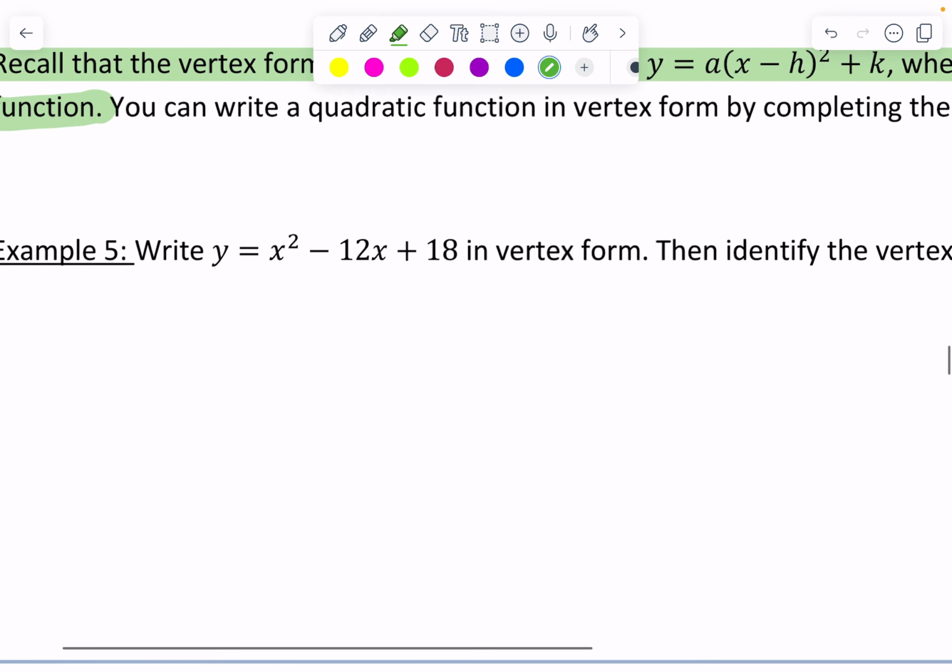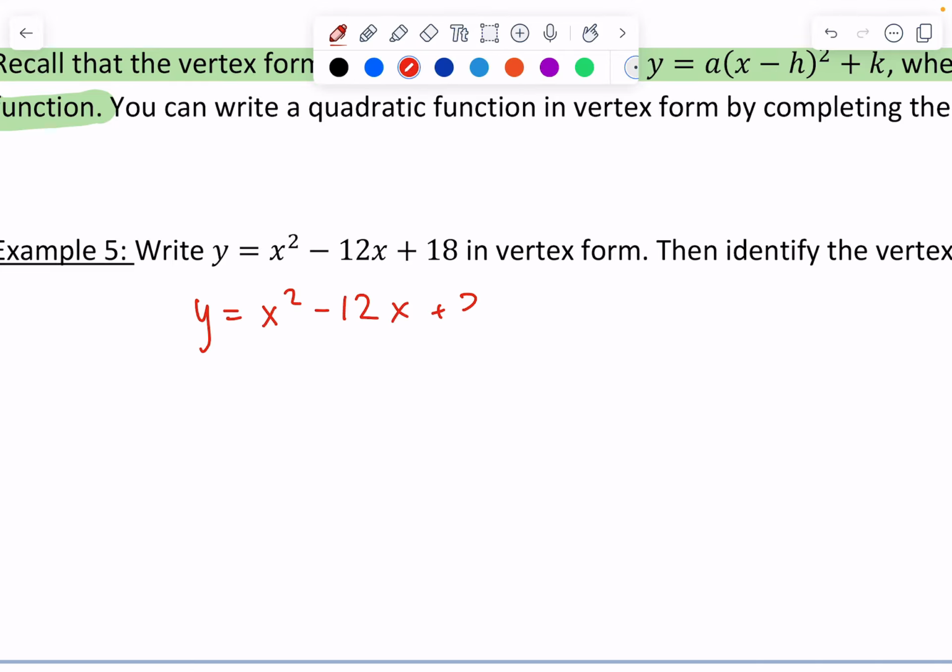So if I look at this function, I don't have a perfect square trinomial, but I want one. So what do I do? I get the b value, I divide it by 2, and then I square it. So y equals x squared minus 12x. 12 divided by 2 is 6. 6 squared is 36.